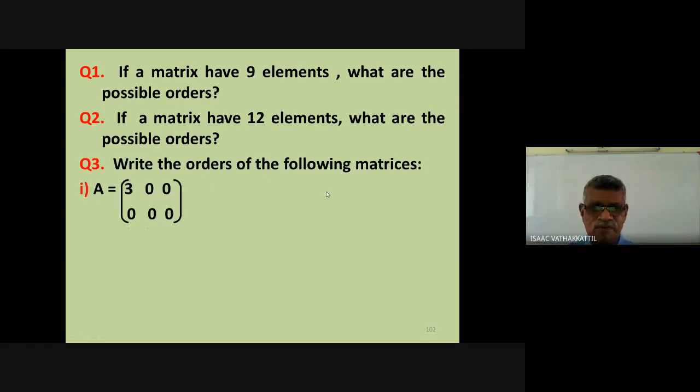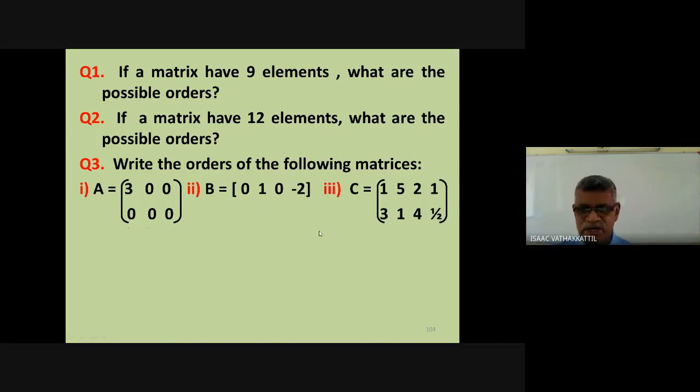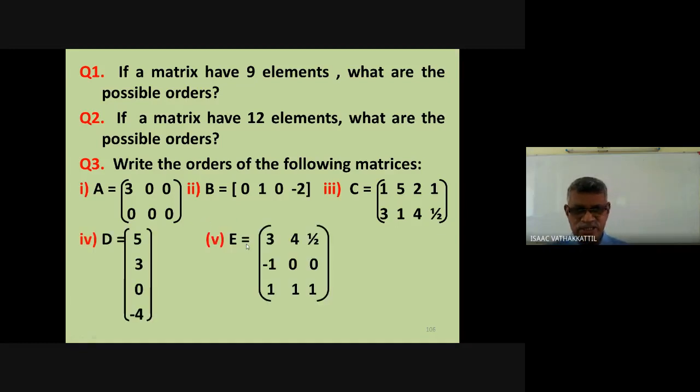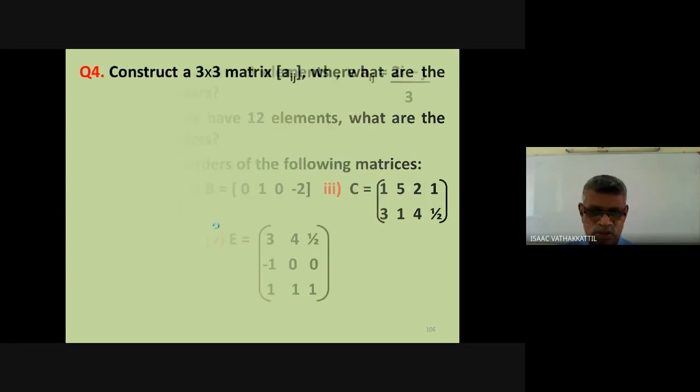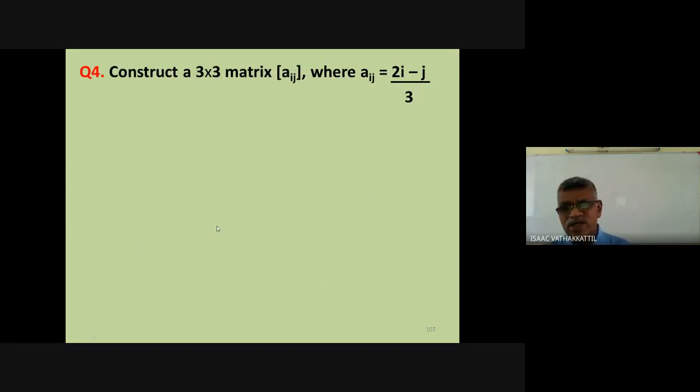Write the orders of the following matrices. Don't tell me, you write in your book and send the report to me. Matrix A, matrix B, matrix C, matrix D, matrix E. You have to write the orders of these matrices. Proceed very slowly, very carefully, right? Slow and steady.